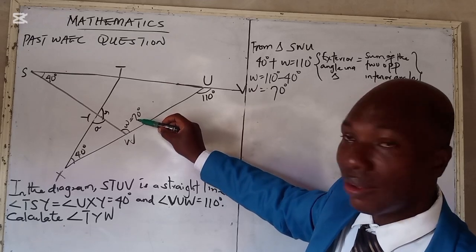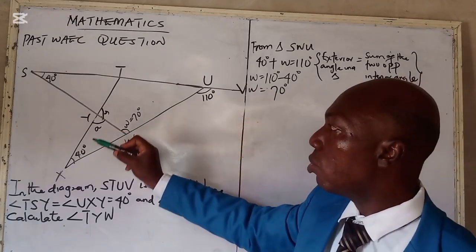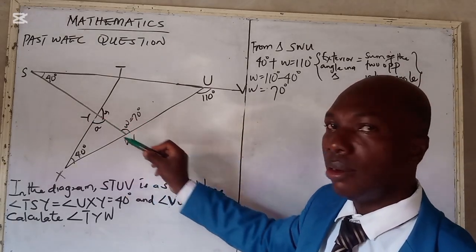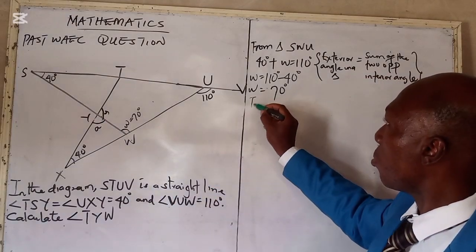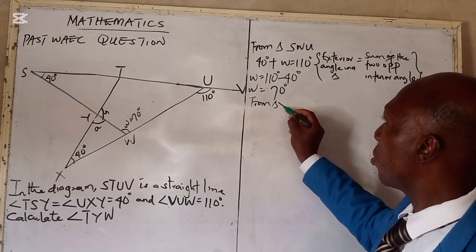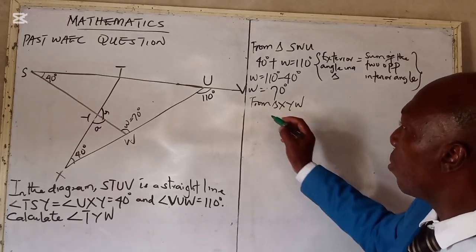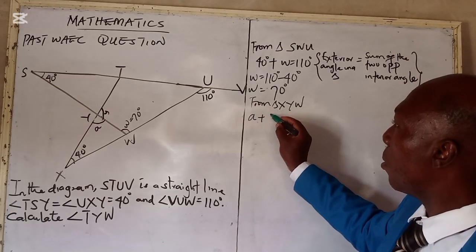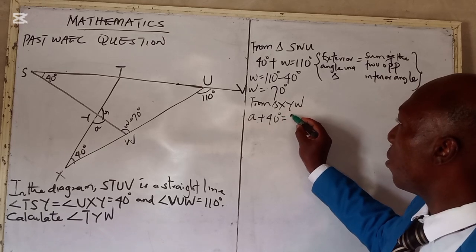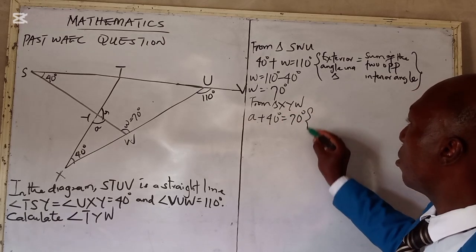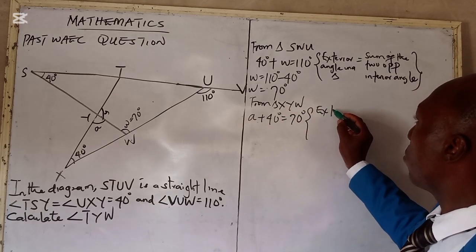The exterior angle to it is 70. So we say from triangle XYW, angle A plus 40 will give us the 70 degree exterior angle.